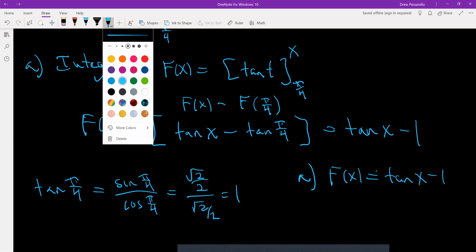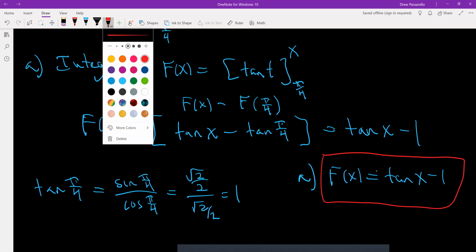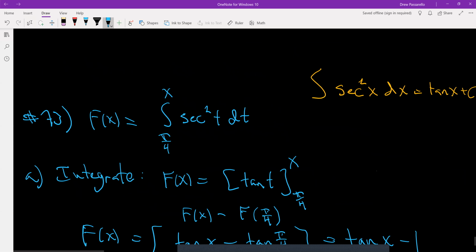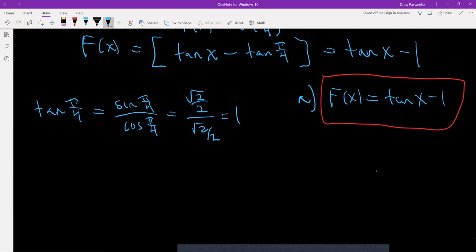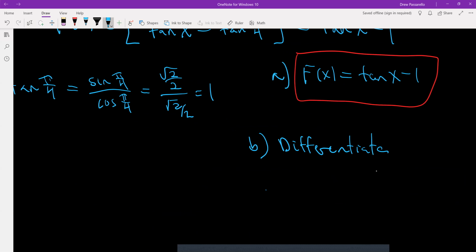Now we just differentiate for part B. And by the second fundamental theorem of calculus, we should get the same function that's inside of the integral. So capital F prime of x is equal to the derivative with respect to x of tangent x minus 1.